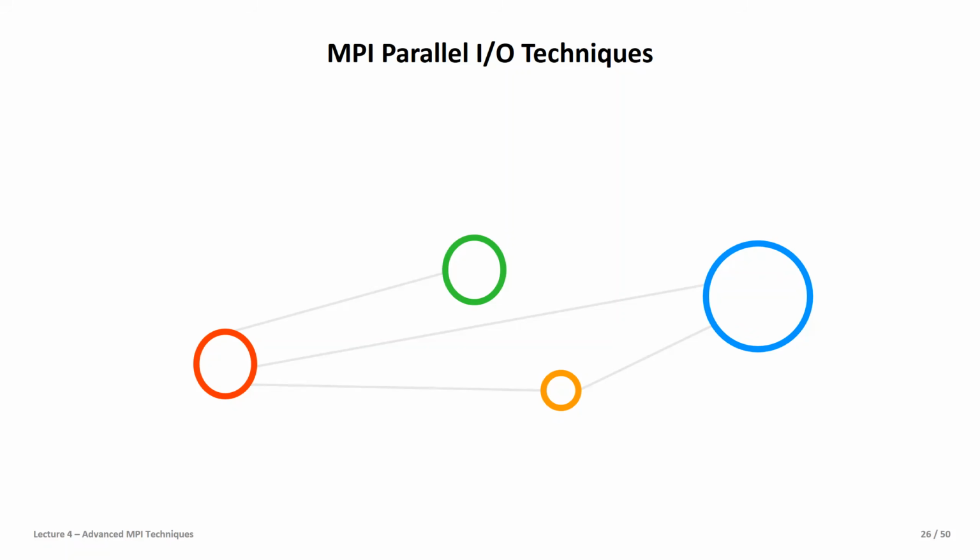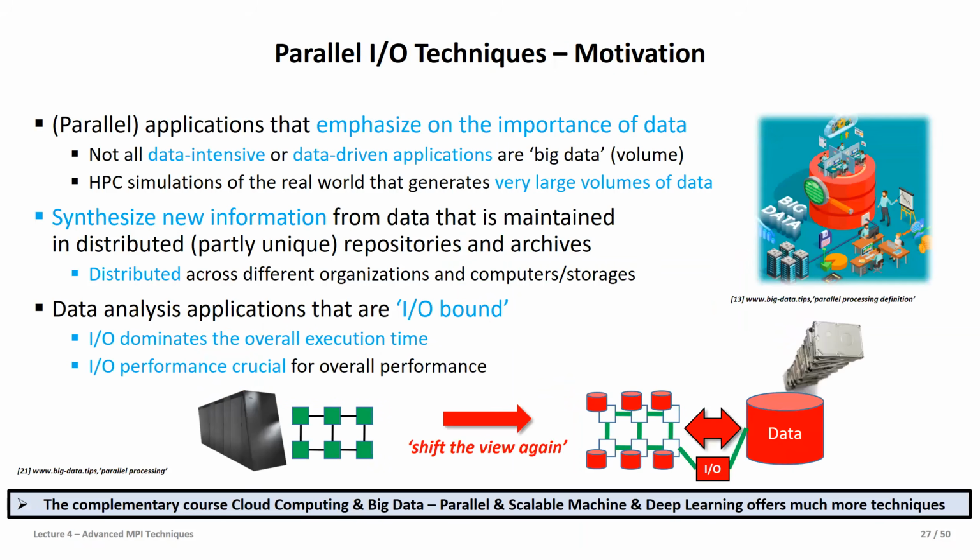But still, this lecture today, the second part, will be more focused on what's happening with the data. So input, output, I/O is a very important topic. And when we do parallel computing, what can we learn about parallel I/O techniques? Now, again, that means we shift the view.